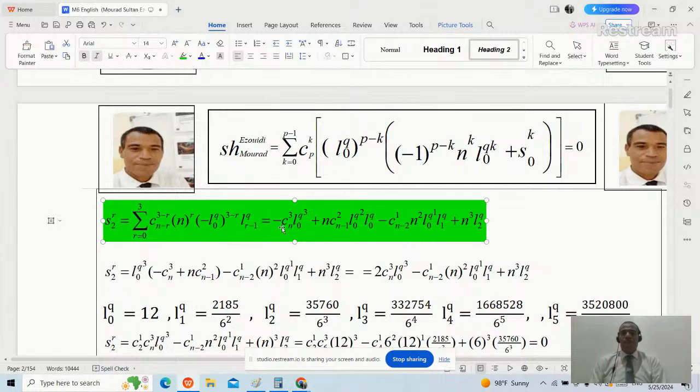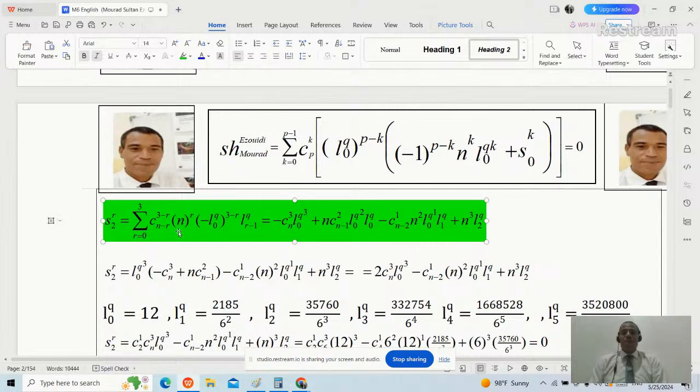So when r equals 0, it will be 3 minus 0, which is 3 here, and n minus 0 is n, so minus combination n choose 3 times n raised to the power 0, which is 1, no need to write it here, times minus L0 of q to the power 3, but the negative sign I have written in front of this term.